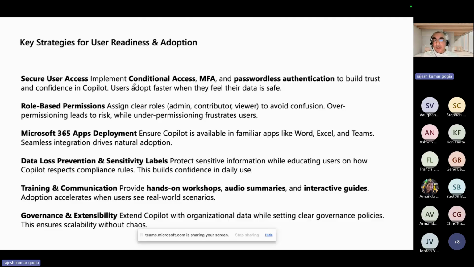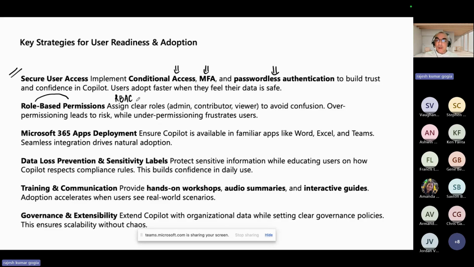So if I try to understand the key strategies of user readiness, definitely the first thing would be securing user access. And now you're quite familiar that such solutions have to be embedded. Also, one of the key factors is role-based permission. This is RBAC, role-based access control, and it is very important.